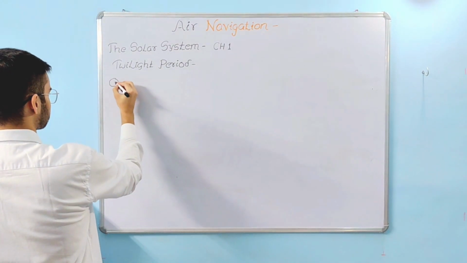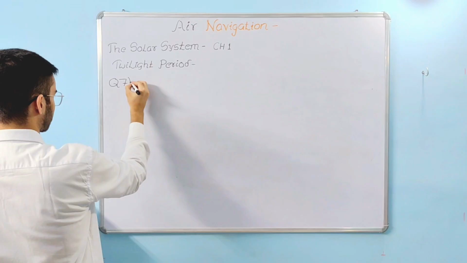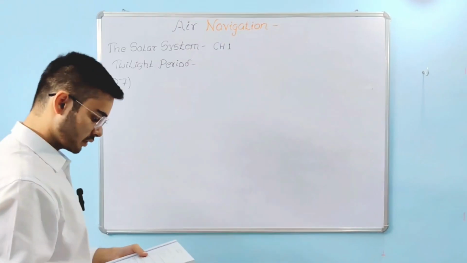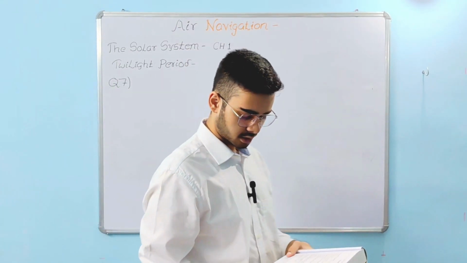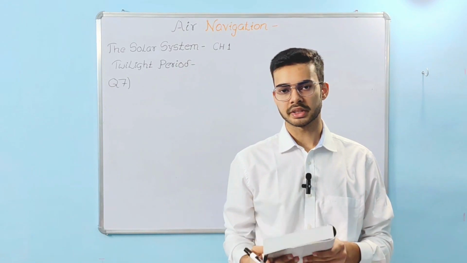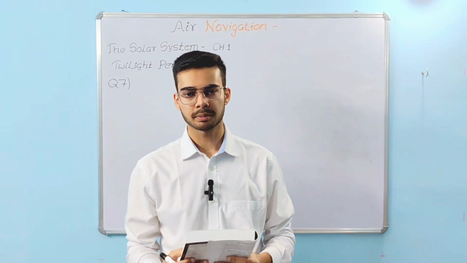Question 7 first, a very important question. The angle between the plane of the ecliptic and the plane of equator is approximately, one new word, ecliptic.